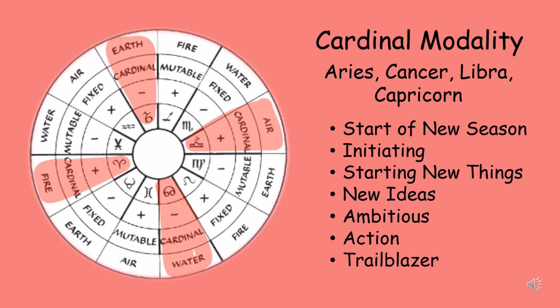So each of these signs tends to be good at initiating things, starting new things, coming up with new ideas, new projects. They can be ambitious and taking action towards those things that they've come up with, those ideas. They can be trailblazers.